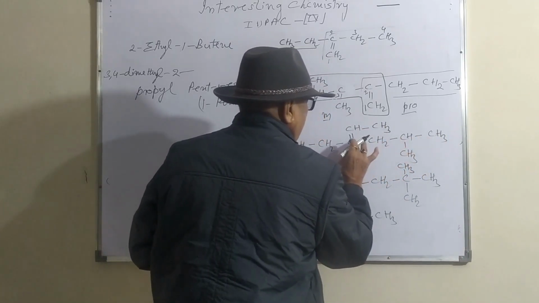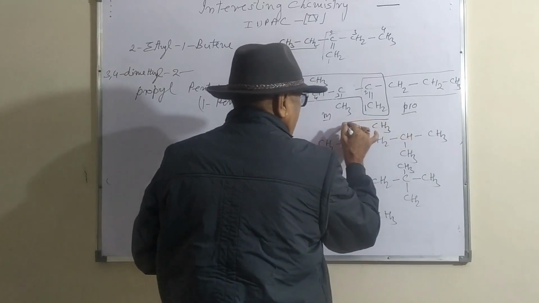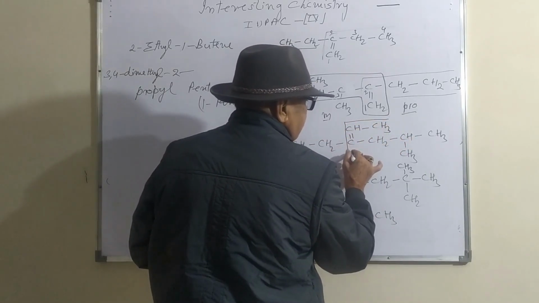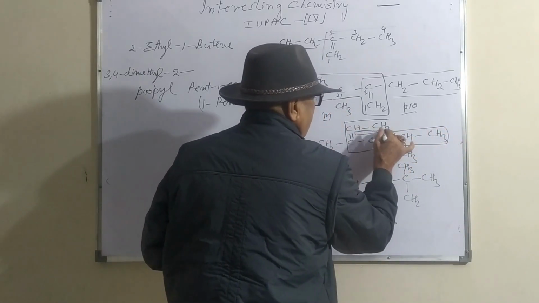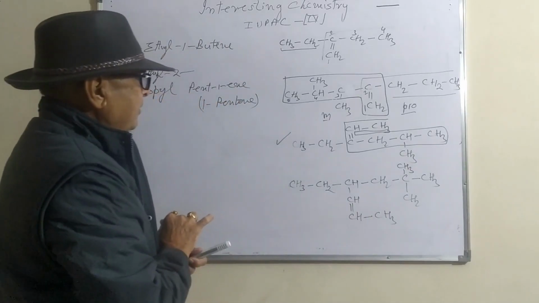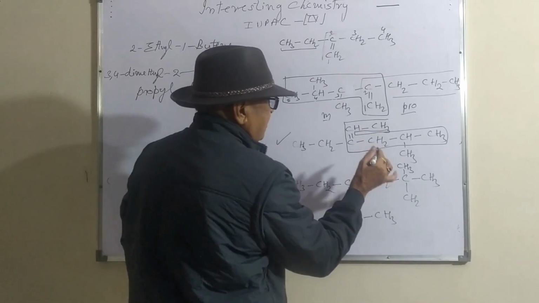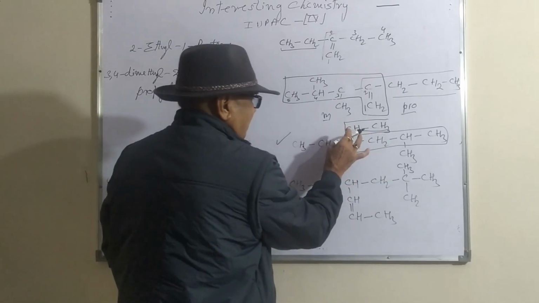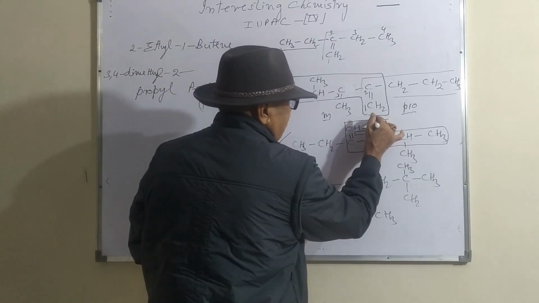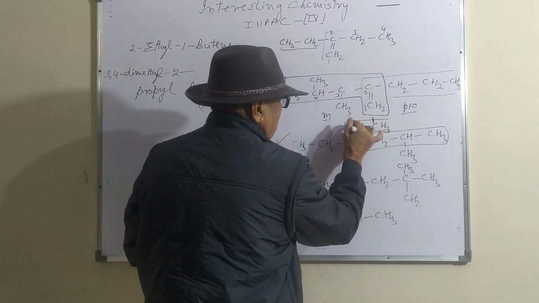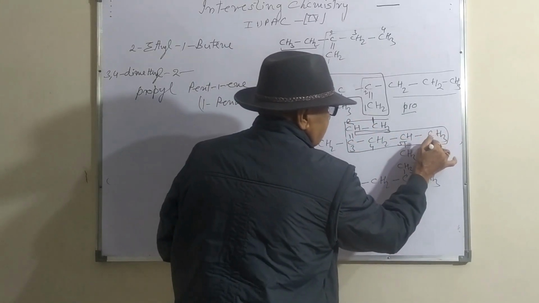So the longest chain will be of these 6 carbons. This is the chain. So when you start numbering, you will give the lowest number to this double bond. So the numbering will start from this end, 1, 2, 3, 4, 5, and 6.